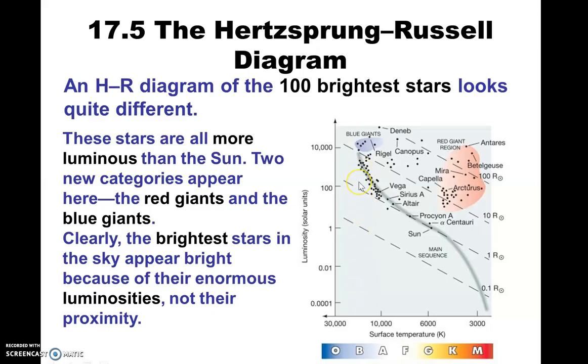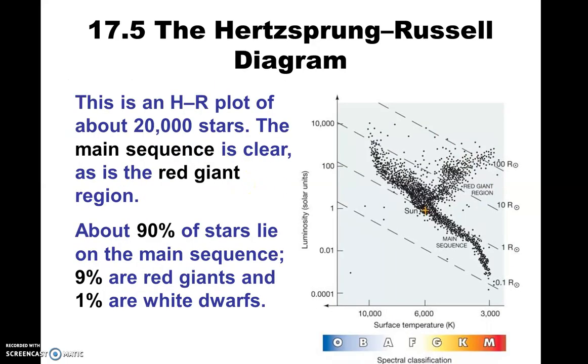Again, same temperature, the only difference would be size, right? That's the only way that you're going to get more luminosity in this upper left-hand side of the HR diagram compared to the lower left-hand side. So size. All right, so we're going to see that in a more complete diagram.